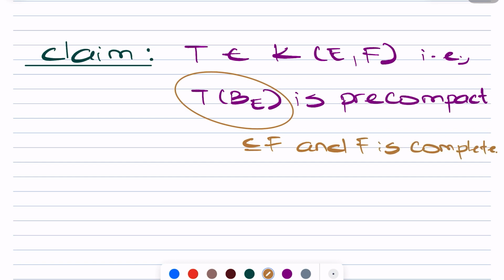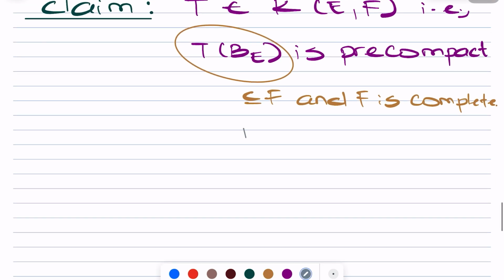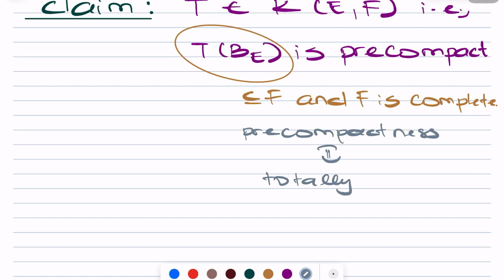Right, and then if you remember, F is complete as a Banach space. And if you remember my lecture on the Arzelà-Ascoli theorem, where I recalled some properties of compactness and total boundedness, then you should know that in a complete metric space, pre-compactness is equivalent to total boundedness.